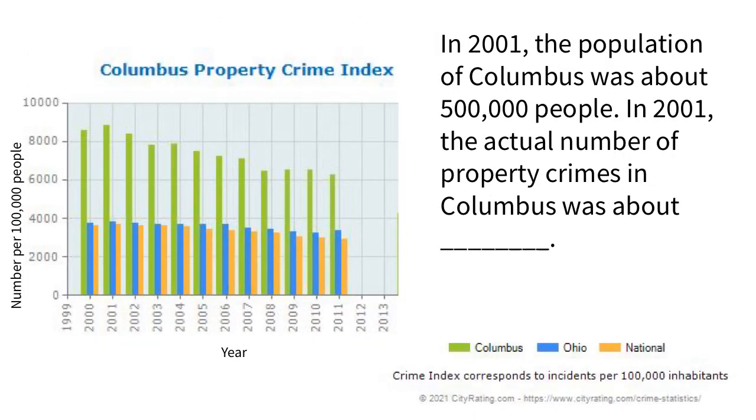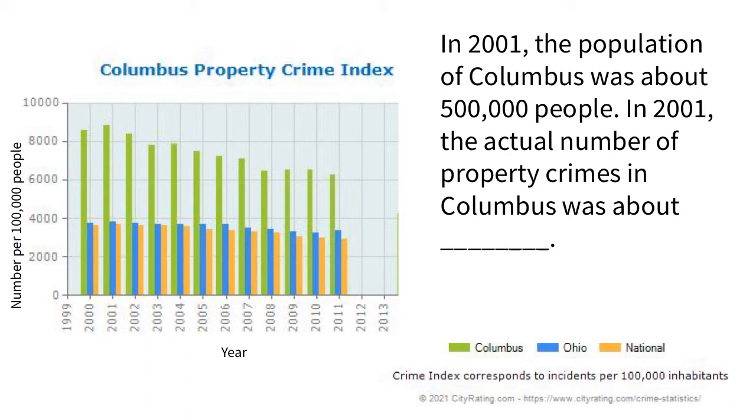Let's look at another example here. This is a graph of the Columbus Property Crime Index, which compares the amount of property crime that exists in Columbus, which is the green bar, Ohio, which is the blue bar, or the national, which is the United States, which is the orange bar. And this question says, in 2001, the population of Columbus was about 500,000 people. In 2001, the actual number of property crimes in Columbus was about what?